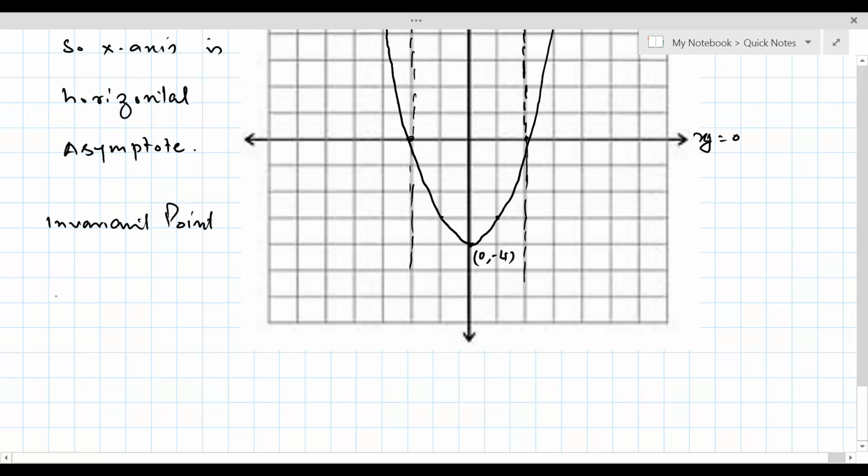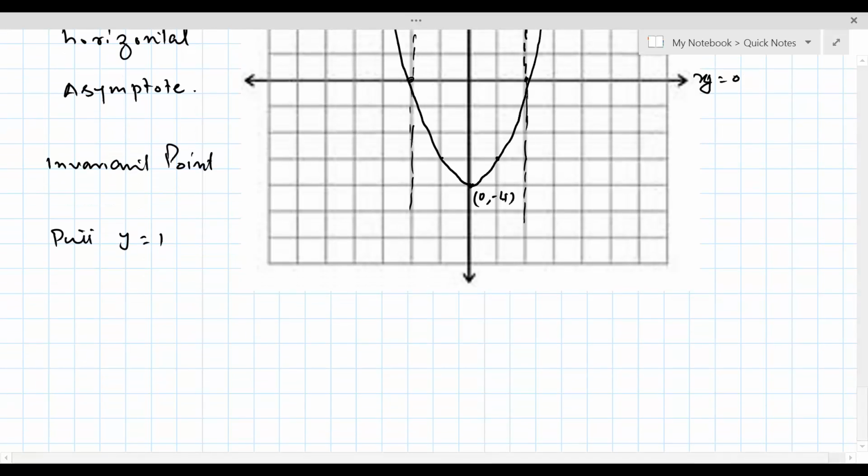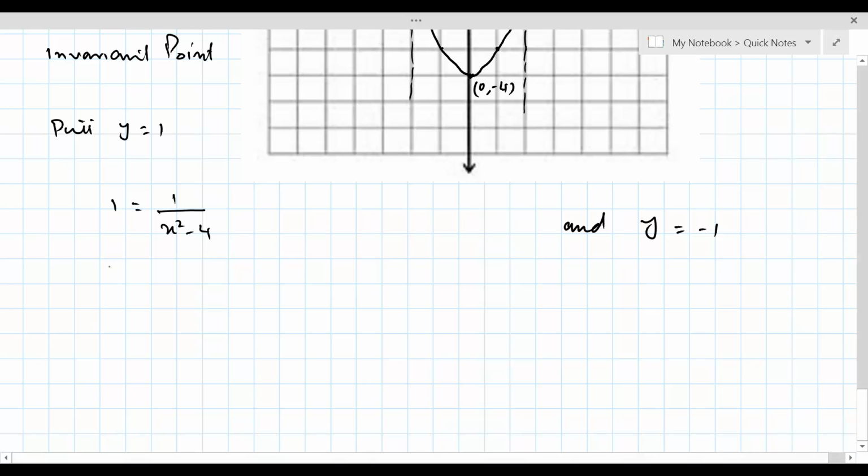So put y equal to 1 and y is equal to minus 1. So let's put y is equal to 1. This will give us 1 is equal to 1 over x square minus 4, and this gives x square minus 4 is equal to 1.